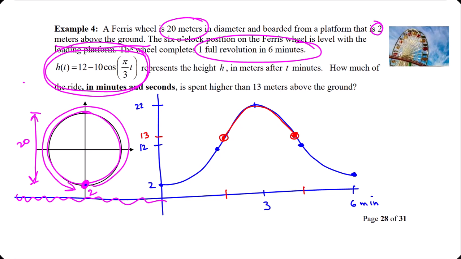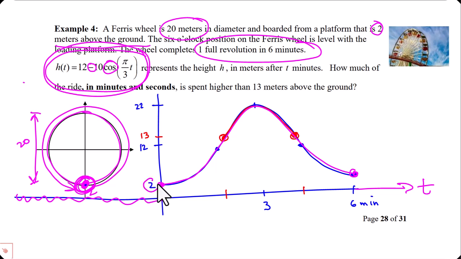So we can kind of figure out some things. If we load at the bottom of the Ferris wheel, that's here, and then the Ferris wheel runs. So time is going this way. This is time. Ferris wheel is going to go up and then back down, and that's a negative cosine graph, an upside down cosine graph.